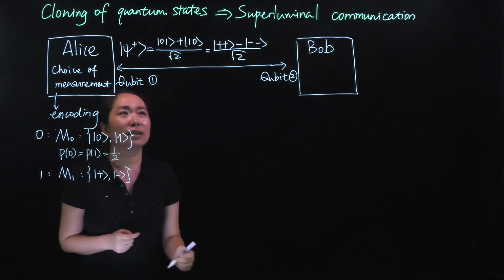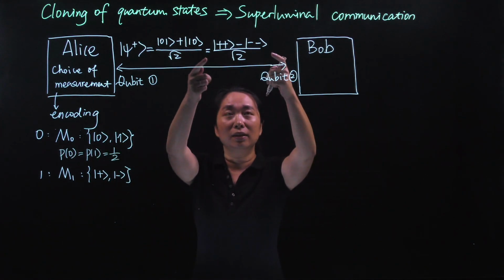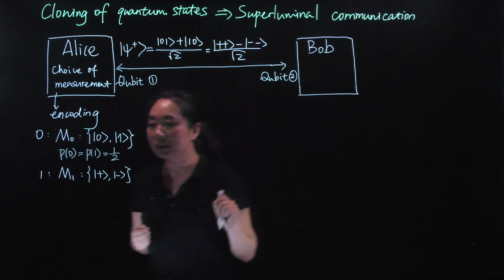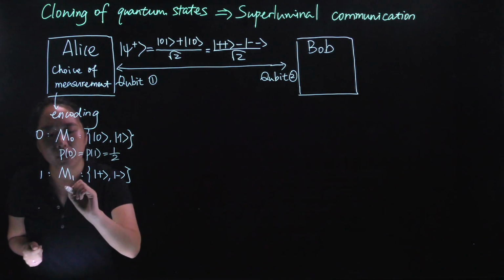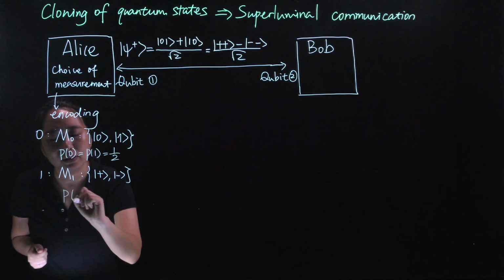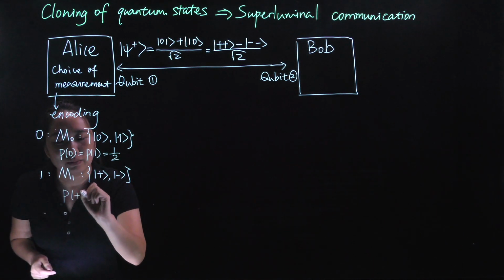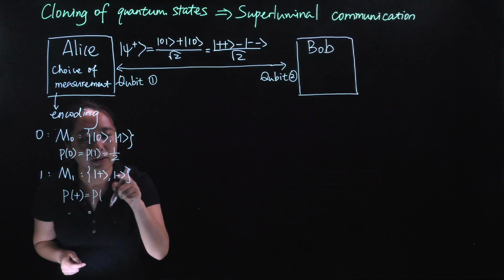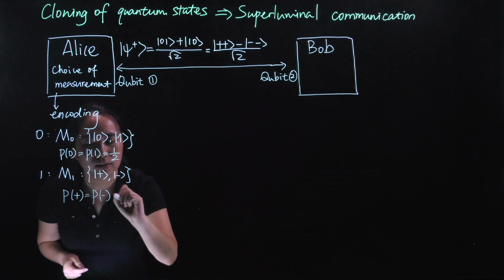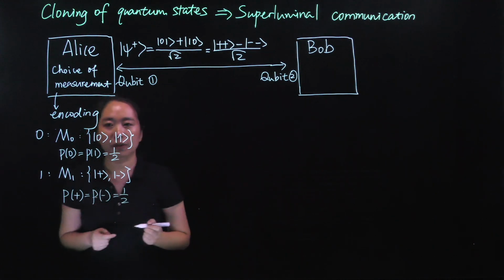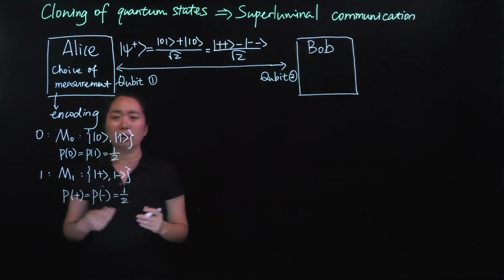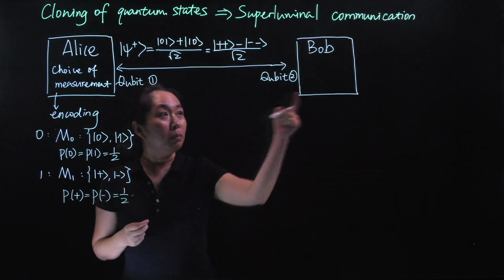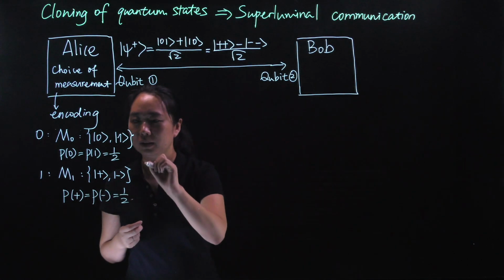In the second case, again, we have an equal superposition state between plus and minus. So she would also find that the probability of finding the state in the plus state is the same as the probability of finding it in the minus state. That is 1/2, 50%. So now, after Alice's measurement, Bob would then conduct his measurement.